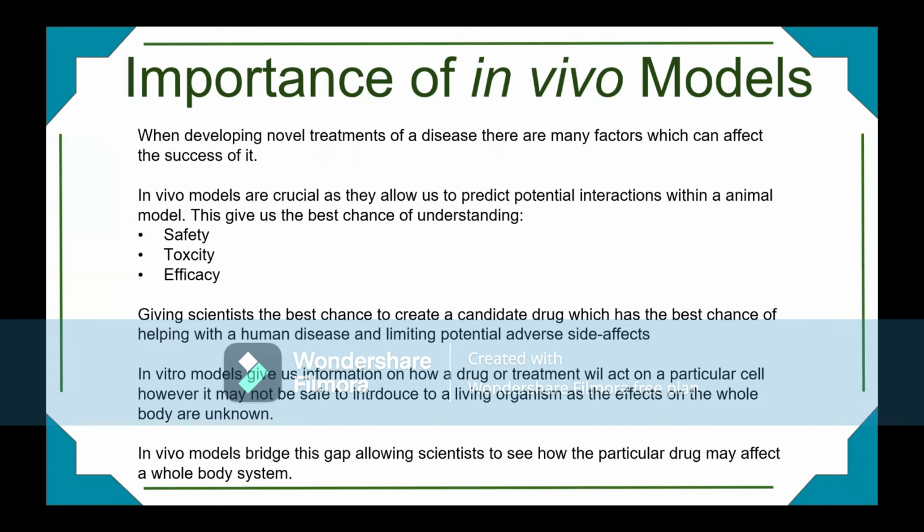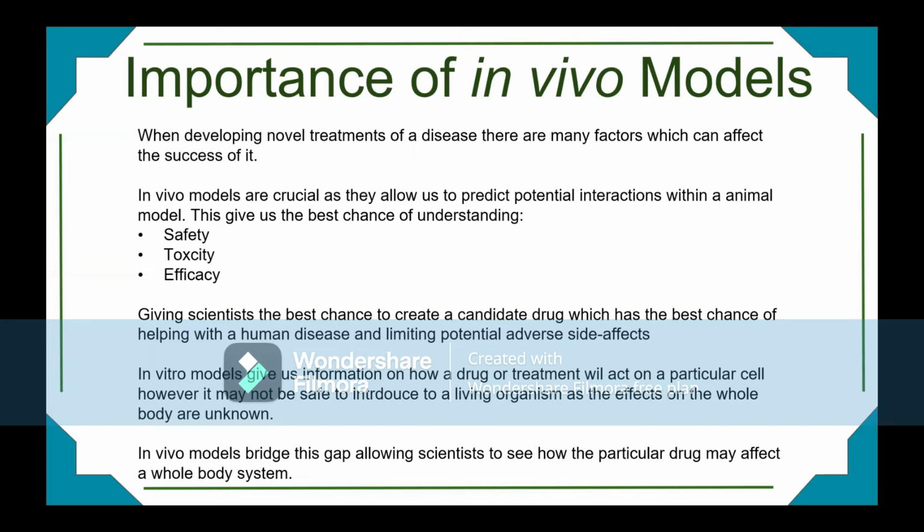If we were only to use in vitro models before the use in humans, we would not fully understand the possible adverse effects that treatments could have on living organisms on a whole body system, as opposed to just the target cell. This allows us to predict the interactions on a whole living organism throughout the whole system. This will give us the best chance to create a candidate drug which has the best chance of helping with human disease and limiting potential side effects.